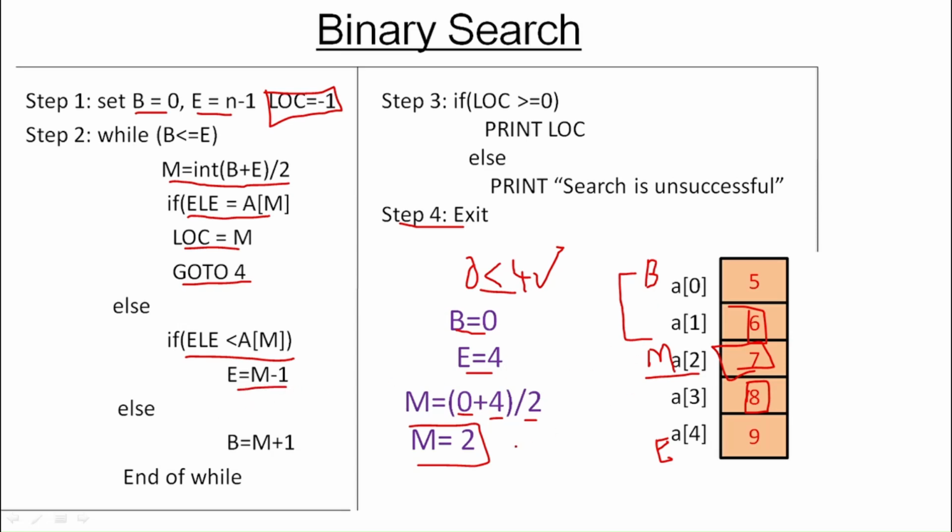What is m minus 1? 2 minus 1 is 1. So my end value jumps here, and all this part will vanish because we have no use for it.